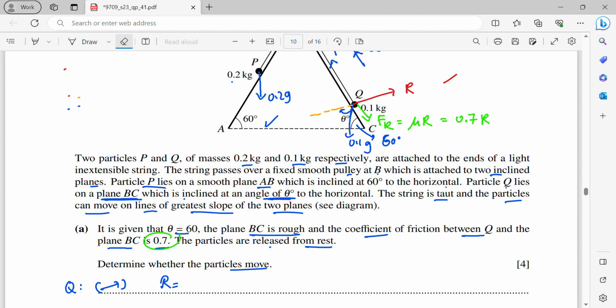So when I resolve the force, not using the own angle, I'm going to use sine. Wait, okay, when you look at here, this is 60 degrees.